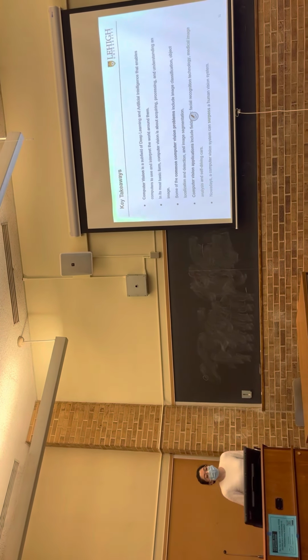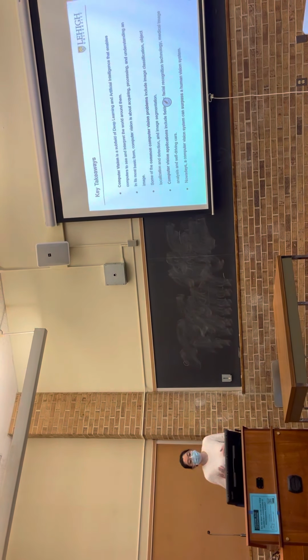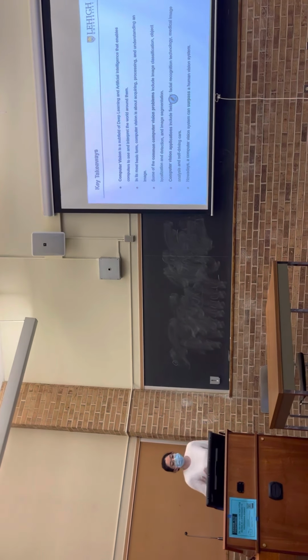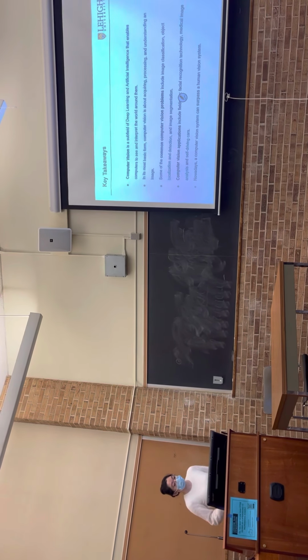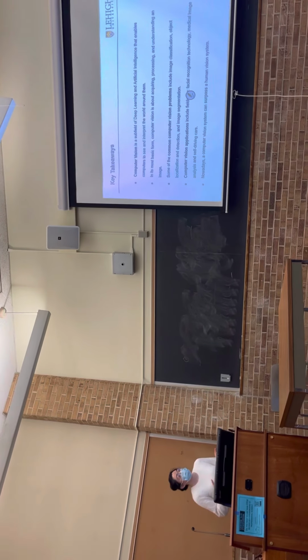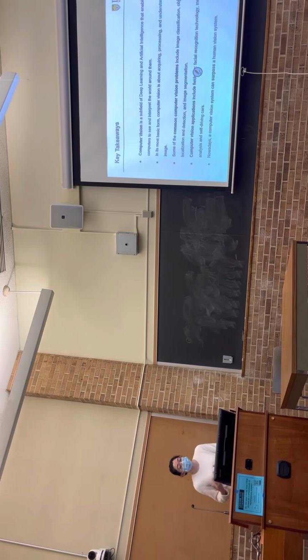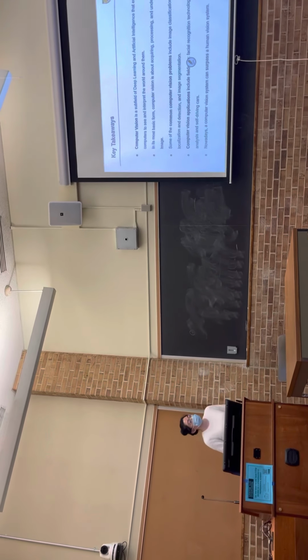Here are the key takeaways I want you to know. First, computer vision is to see and interpret images, simulating a human using deep learning and artificial intelligence. Second, for a general computer vision task, we need to collect the data, process it, and generate the result so that humans can understand it.